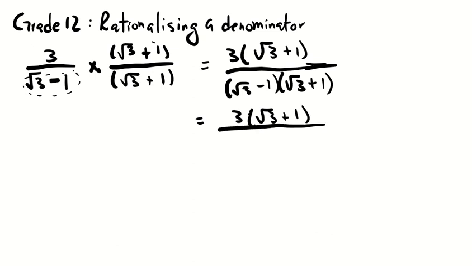Square root 3 multiplied by square root 3 is going to give us 3. Square root 3 multiplied by positive 1 is going to give us positive square root 3. And negative 1 multiplied by square root 3 is going to be negative square root 3. And negative 1 multiplied by 1 is going to be negative 1.